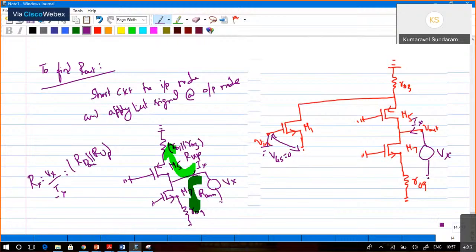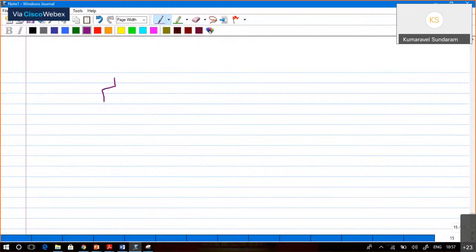So now let's try to figure out the output impedance looking down. Okay. This M7, R09, Vx and Ix is the current that is there.